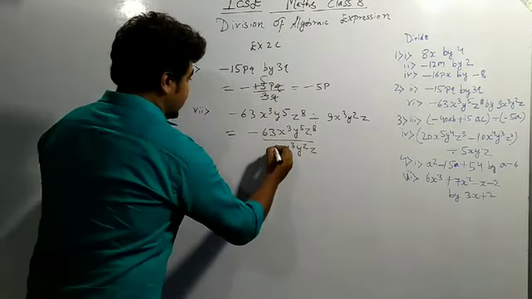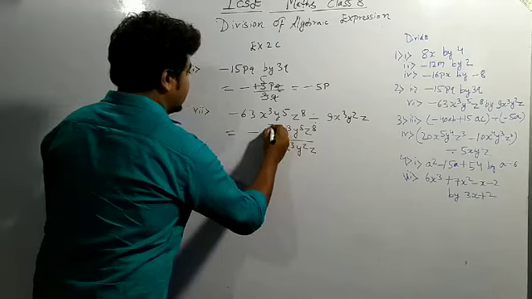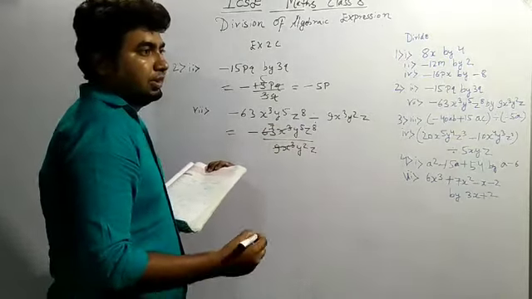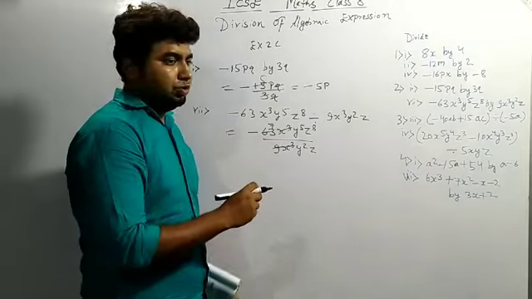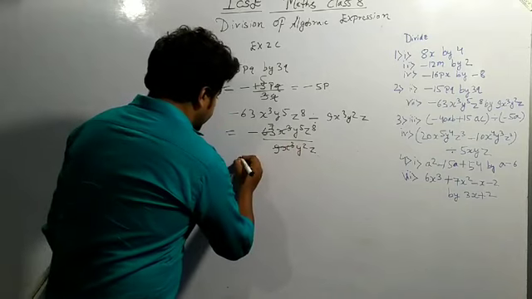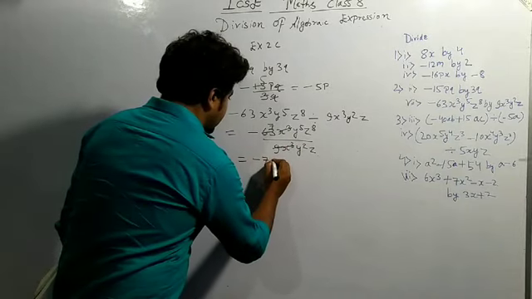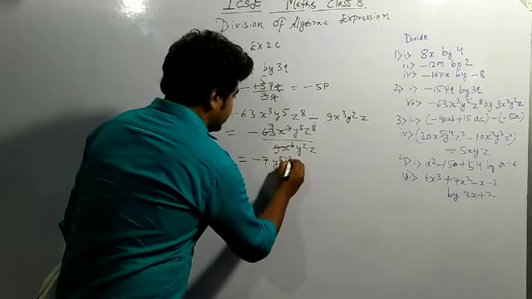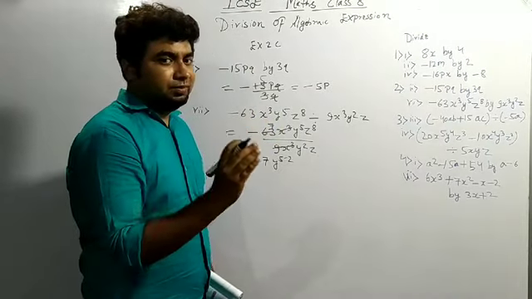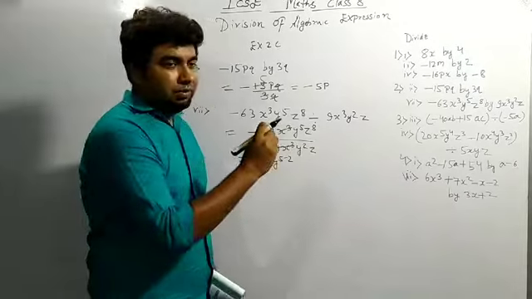So we can get 9 into 7 times, then x cube and x cube will be cancelled. Now we have studied the rule of the exponent, y to power 5 and y to power 2. So from here we get minus 7 y to power 5 minus 2. Or you can write y into y into y into y into y, 5 times, and in the denominator y into y.